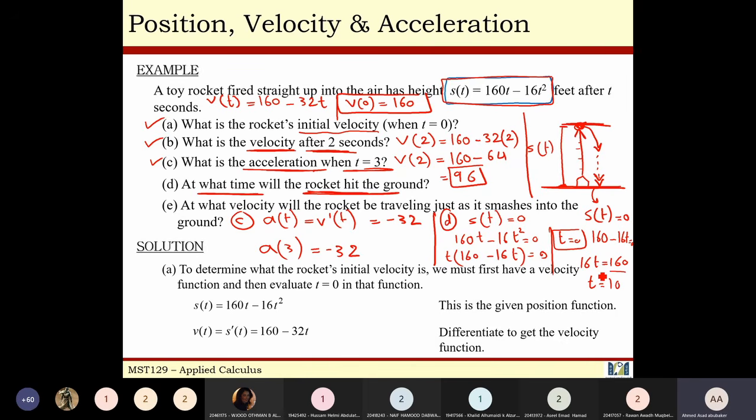After 10 seconds, the rocket comes back and hits the ground.